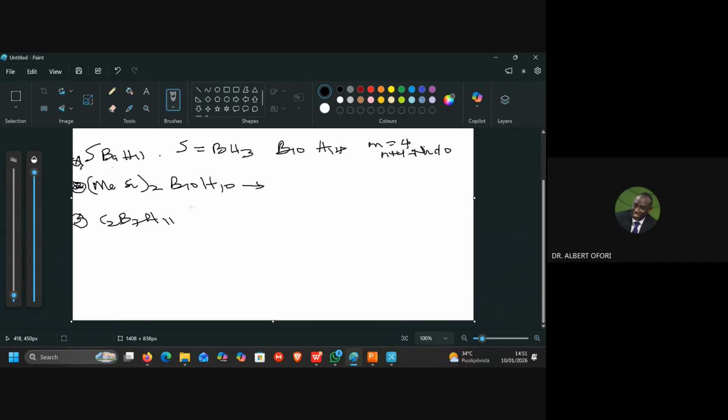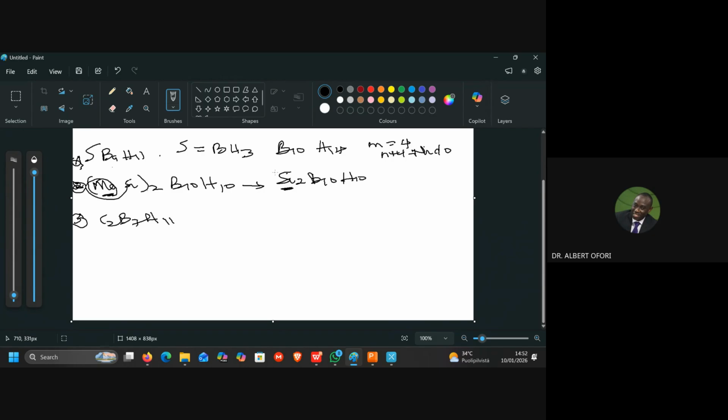For the second one, the methyl group here is a substituent, so our focus is just on the silicon, which is 2, the boron, which is 10, and the hydrogen, which is 10. Now, silicon belongs to the carbon group.